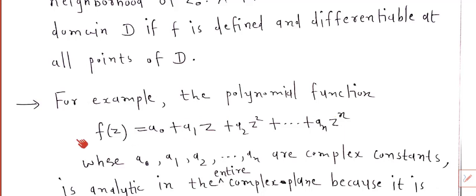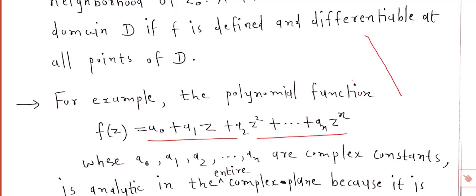If we consider the polynomial function f of z equal to a0 plus a1 z plus a2 z square plus up to an z raised to n, where a0, a1, a2, an are complex constants and z is a complex variable. We know that the polynomial function is differentiable at every point in the complex plane.